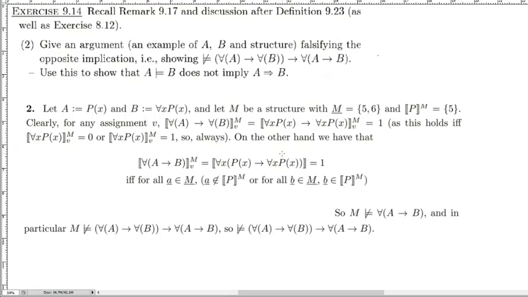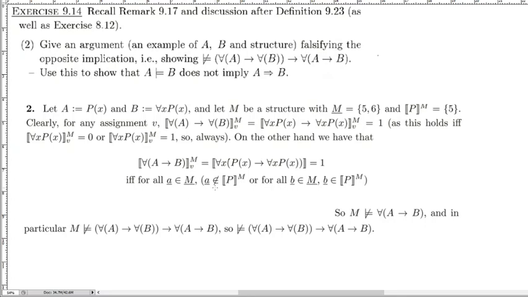So this is true if we either need this part to be false, or we need this part to be true. Okay, I think this one is a bit wrong.